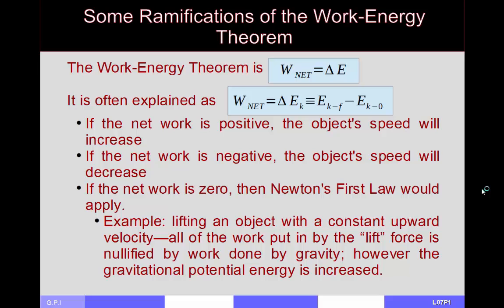I can also, of course, push downwards on the block while it's moving across the floor, in which case I'm not doing any work to the block because my force is perpendicular to the direction in which the block is moving. But that force is also being balanced out by the normal force, just as there's gravity acting on the block as it's moving across the floor, and just as that is being balanced out by the normal force.